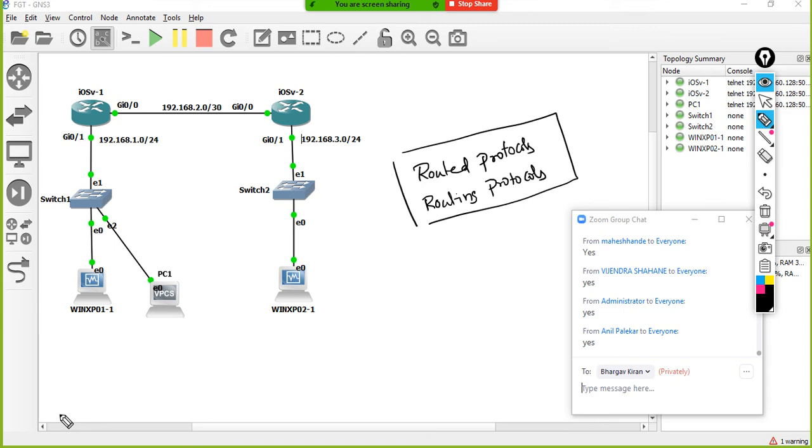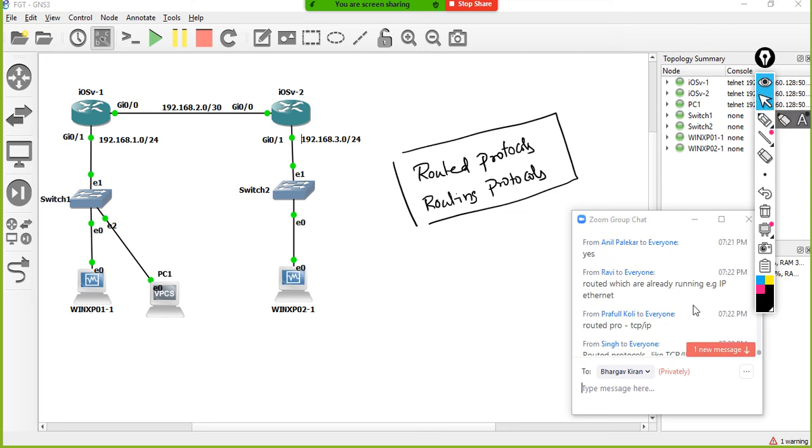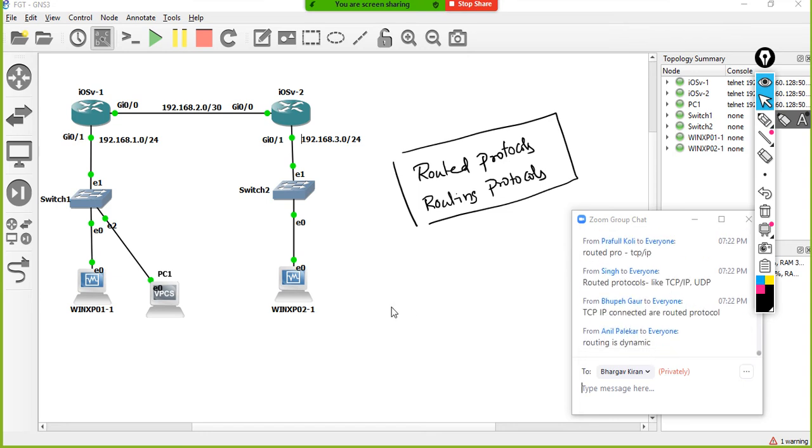Can anybody answer this? Ravi, yes, good. So what is the difference between routed protocols and routing protocols? Can anyone explain to me?